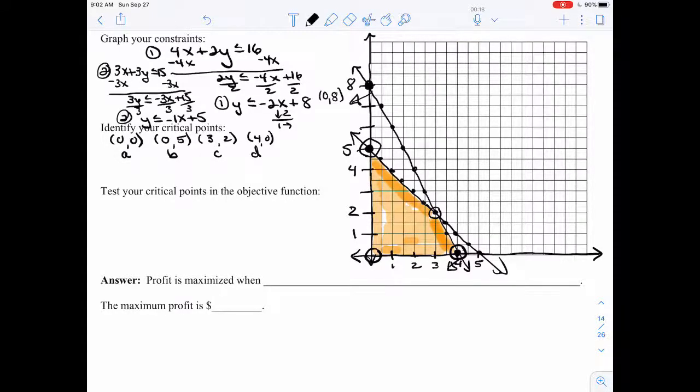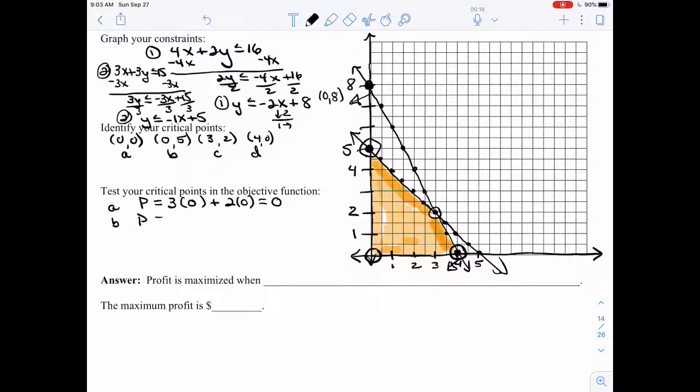We are first going to test A into the objective function. Remember, looking above, our objective function is to find maximum profit. So P equals $3 times our number of corn muffins, which is 0. So 3 times 0 plus $2 for our bran. Well, this profit is 0, clearly not our maximum.